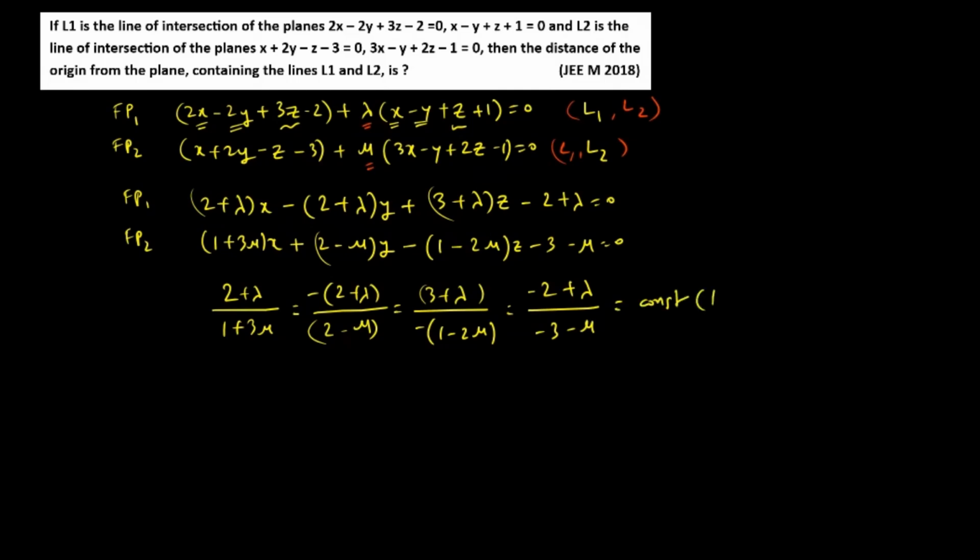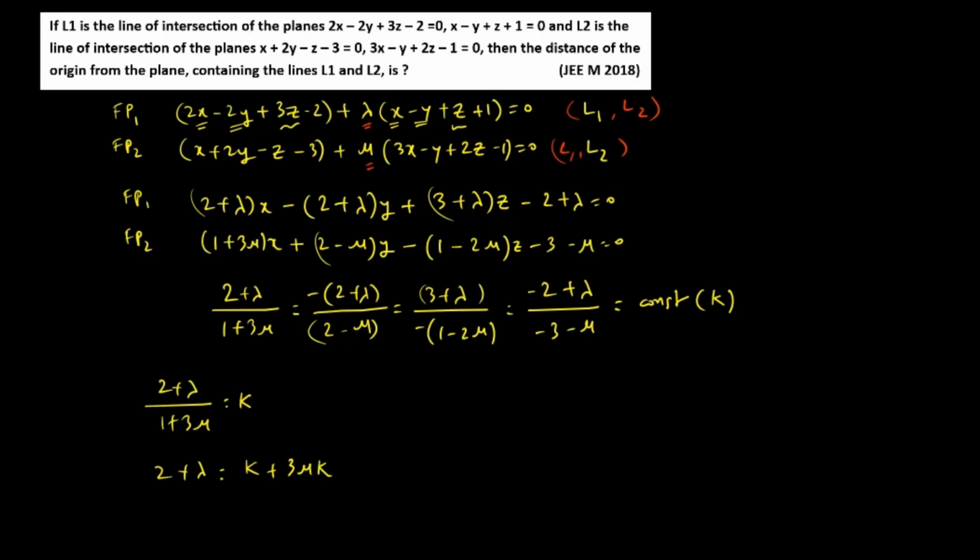Say k. So we could write that 2 plus lambda is 1 plus 3 mu times k, so 2 plus lambda would be k plus 3 mu k, right?